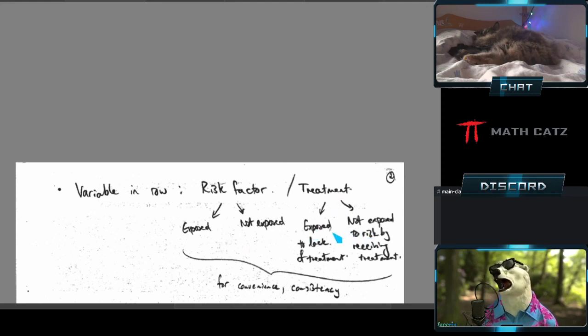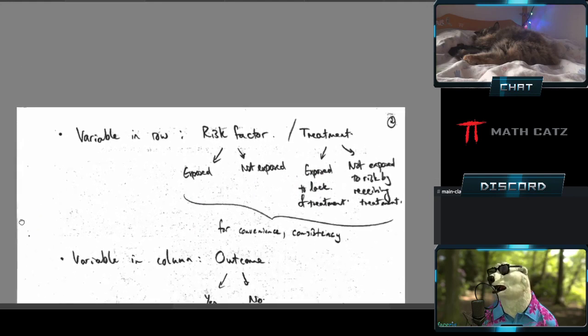You're exposed to the risk of not getting the treatment, and you are not exposed to the risk by receiving the treatment. You might intuitively think, well, I could be exposed to the treatment and not. Absolutely. Just for consistency, books that you might read, the nursing book, for example, that we reference, try and have some consistency throughout the setup from one problem to the next. Otherwise, it might be confusing for no real reason.